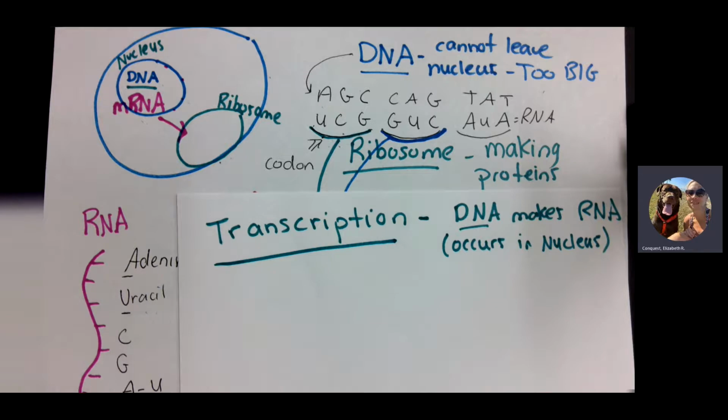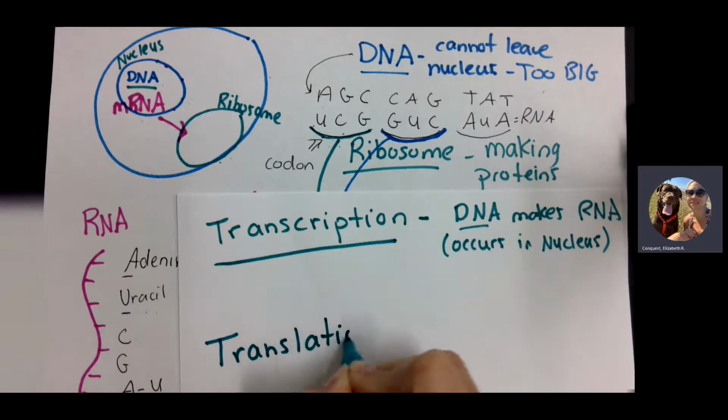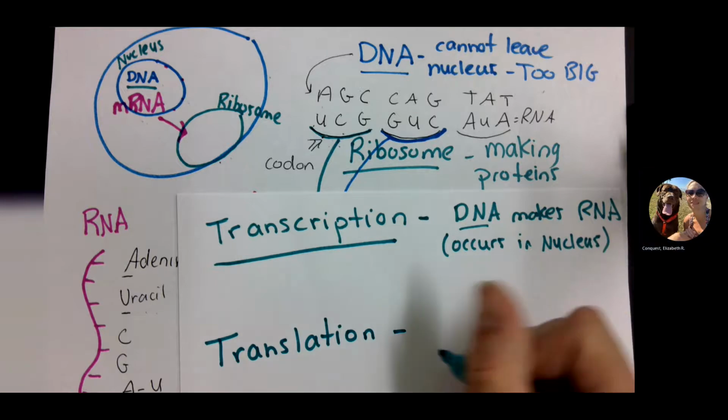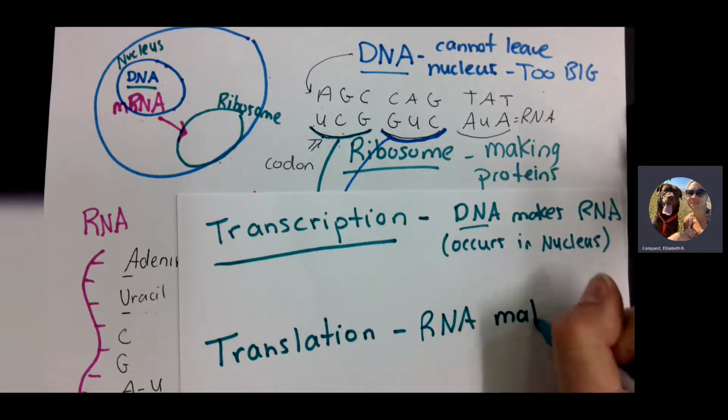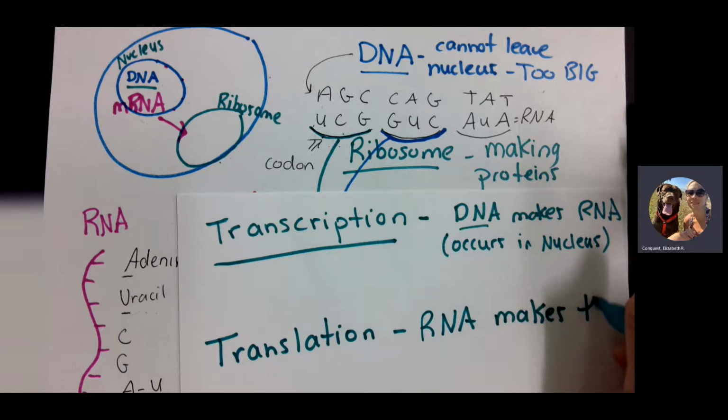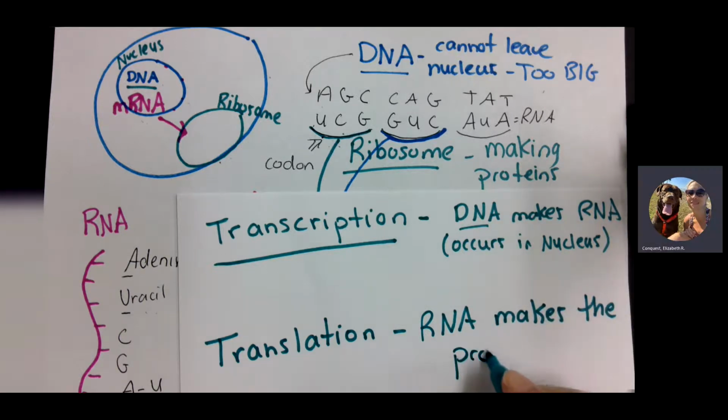Now, the second word is very similar. It's called translation. Translation is when the RNA makes the proteins. And where are proteins made? You guys remember?